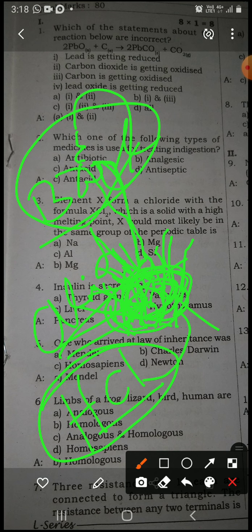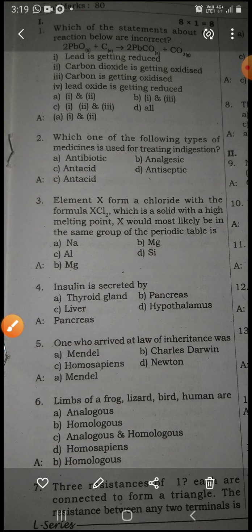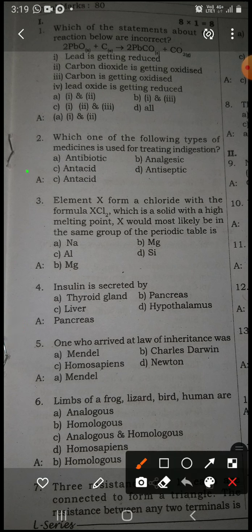When we drink it, acid plus base becomes salt plus water, so it minimizes the acidity in our stomach and we feel better. This is the process. So the right answer here is option A, antacid. The meaning of antacid is anti-acidic.